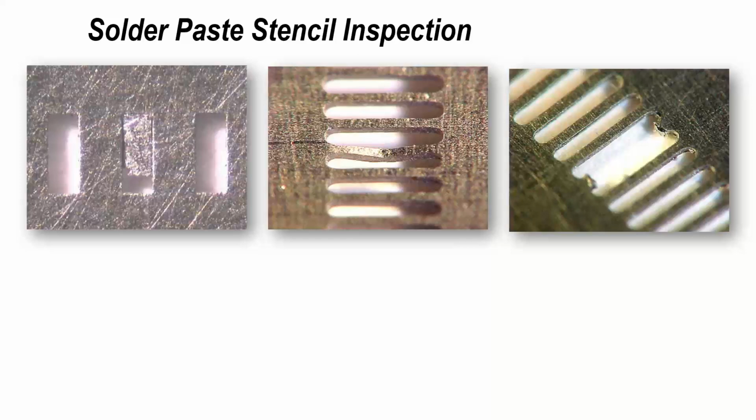So just have a look at some stencils first of all, and some quite significant damage. The top row, the middle and the right examples are damage, either during use or possibly even cleaning. And that would obviously have an impact on the quality of print and the amount of paste going through. The one example on the left-hand side is a laser cut stencil, where there's part of the piece of metal which has been cut out by the laser and hasn't been removed.